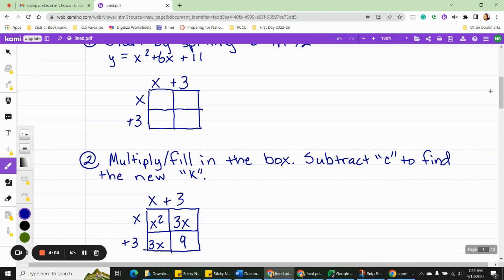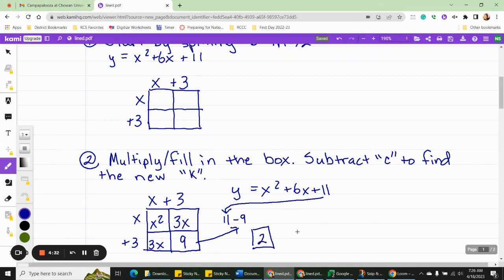So our original problem was y equals x squared plus 6x plus 11. What I'm going to do is take that 11 and subtract 9. So the 11 comes from the original problem, and 9 comes from when I multiplied. 11 minus 9 is 2.